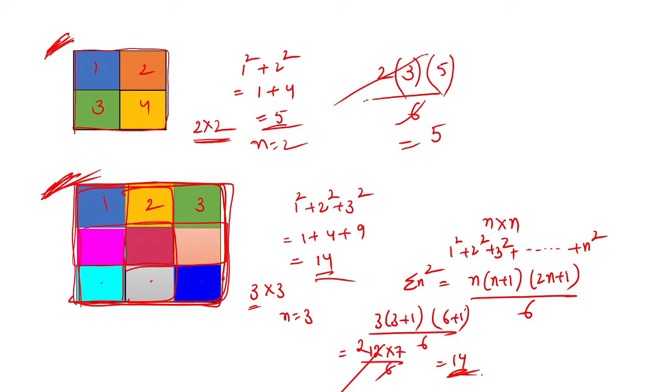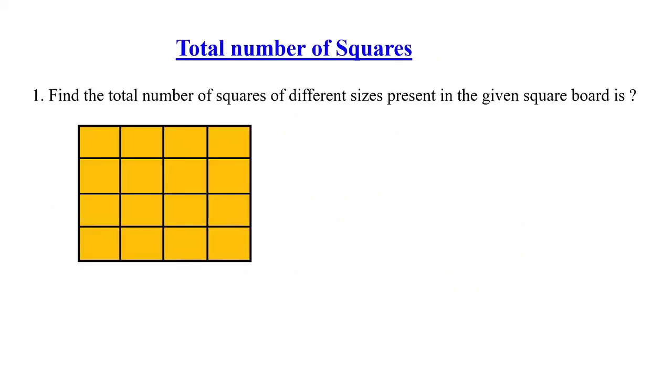Now coming to the actual question, find the total number of squares of different sizes present in the given square board. How many rows are present in this diagram? 4. How many columns? 4. 4 by 4. Here n value is what? 4. What is the formula? n into n plus 1 into 2n plus 1 by 6.